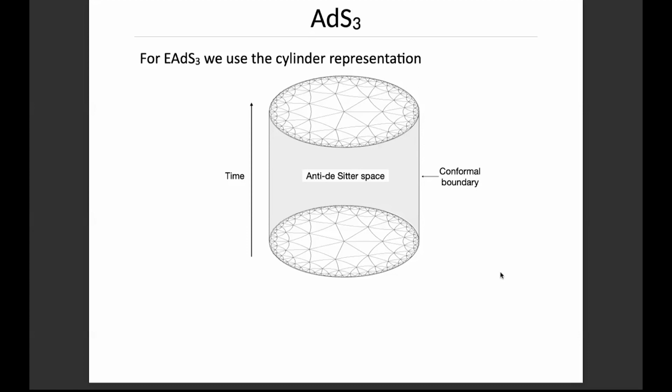That's this right here. So really what we're going to do is take our two-dimensional case and add a linear time direction to it. In this geometry, the bulk, the anti-de Sitter space, is now the interior of this cylinder, and the conformal boundary is the boundary of this cylinder.